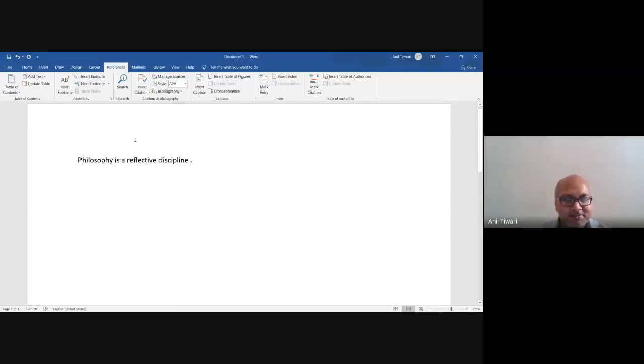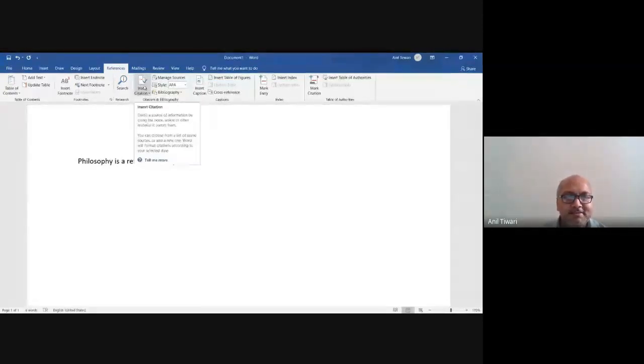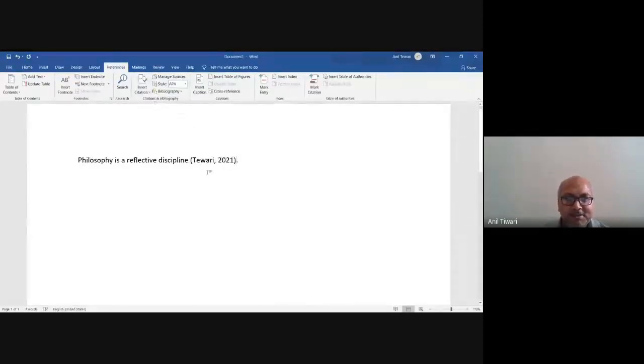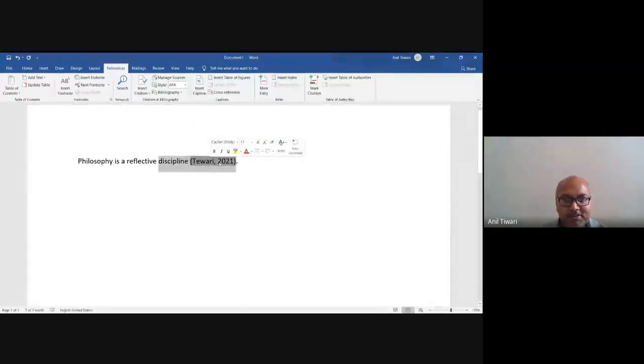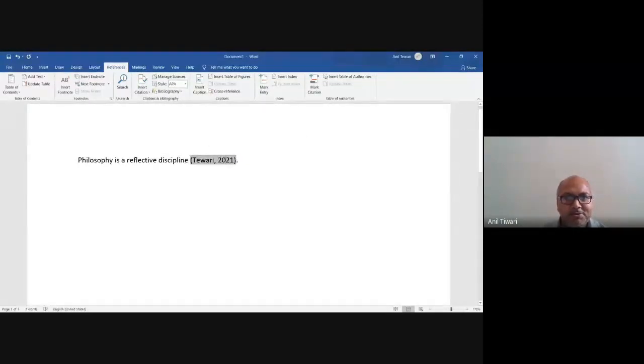Then you can go to insert citation. When you click here, insert citation, so all the things which you have done, it is showing here, right? So you can click here, then you see here how it is inserting without any problem. So Tiwari 2021.